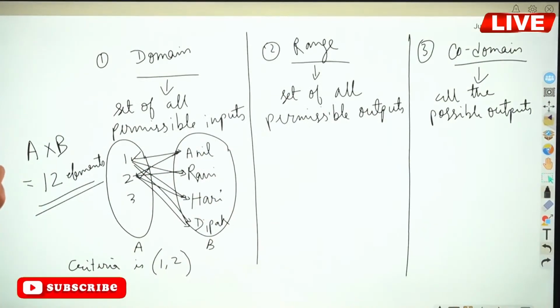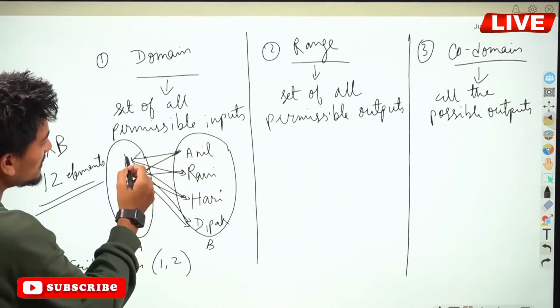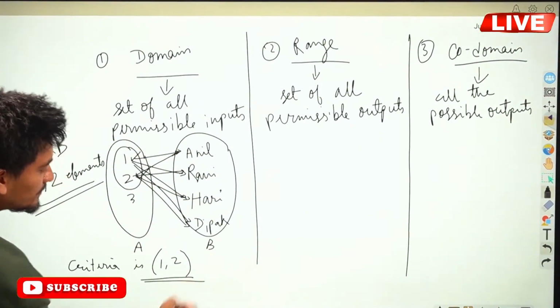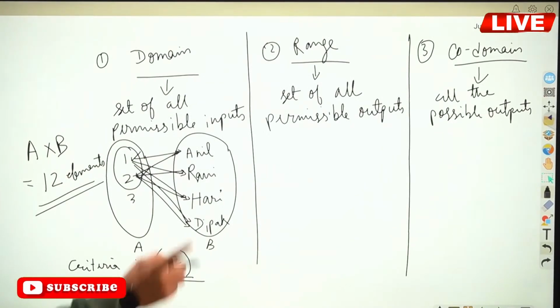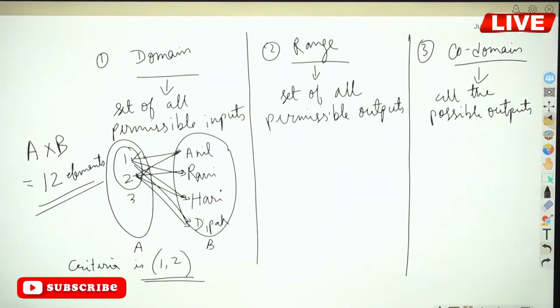Okay? That means here, what is the permissible inputs? The permissible input is only 1 and 2. If we have taken 1 and 2, so what are the permissible outputs?